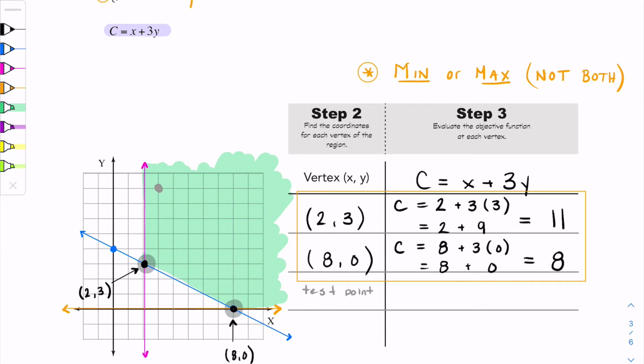So I'm going to pick the point I just labeled, which is at 3, 9, and test that in my objective function. So 3 plus 3 times 9 is 3 plus 27, which is 30.